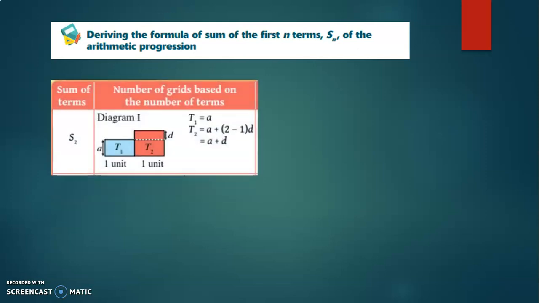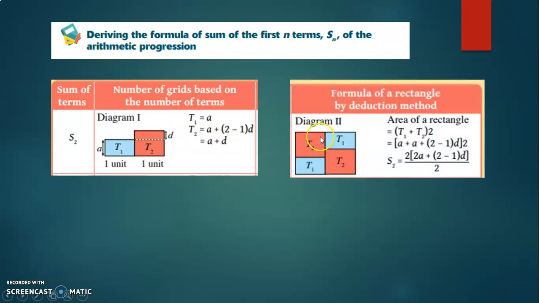你看这里是 textbook 给的咯，他用的 example is quite difficult。那么 we take a look at sum of terms S2，就是 sum of first 2 terms，就是 T1 加 T2。T1 是 A，T2 是 A 加 D，this one we know。Now 你看它把它放成一个 rectangle，T1 plus T2，T1 T2 放在一起，这两个 area of a rectangle 是 T1 加 T2 咯，乘以2咯，两个嘛，对吗？What is T1?